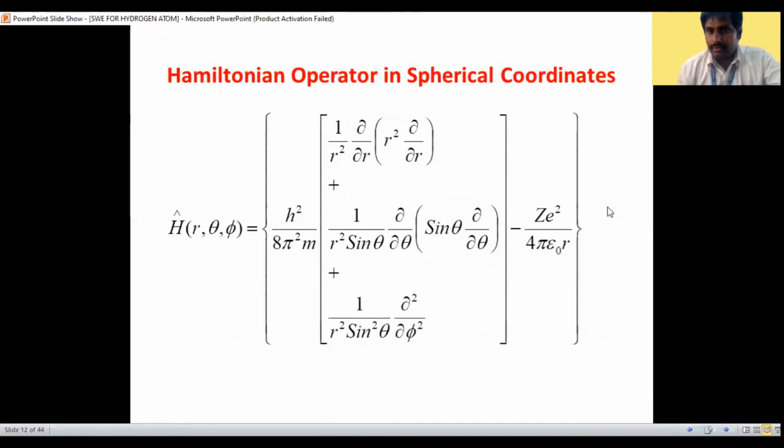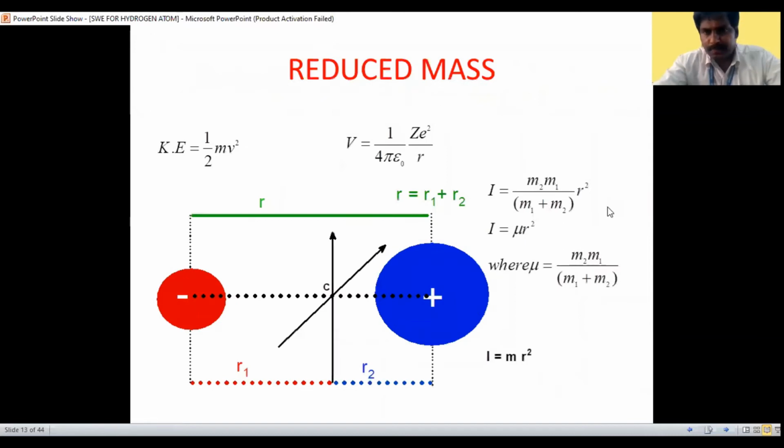We are going to substitute, but prior to that, we should know what the letters used in this Schrodinger wave equation for the hydrogen atom are. The negative charge is the electron, which has a mass m, and the distance between the nucleus and the electron is r.